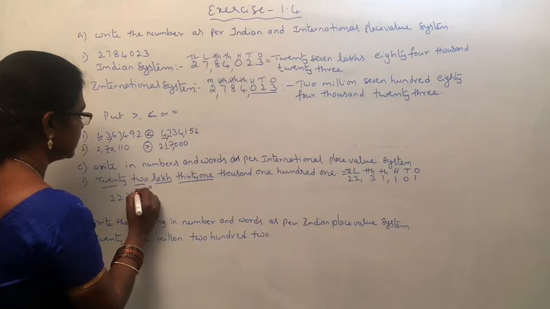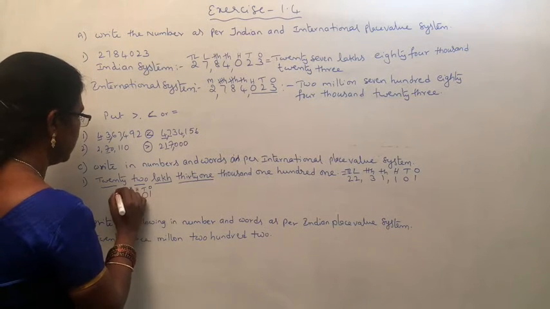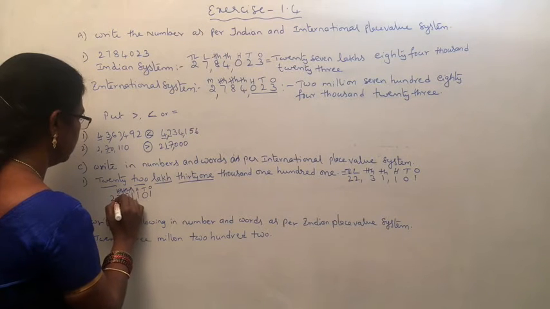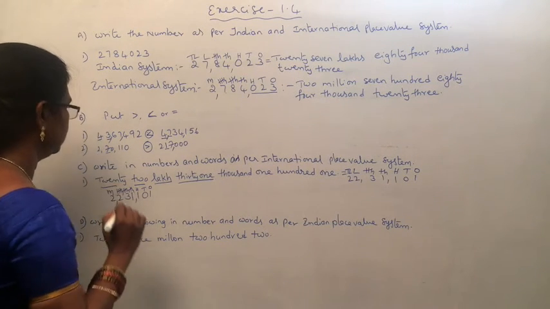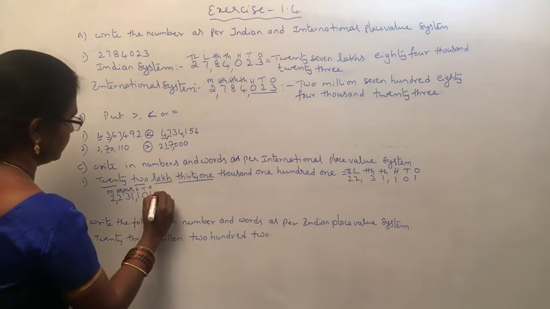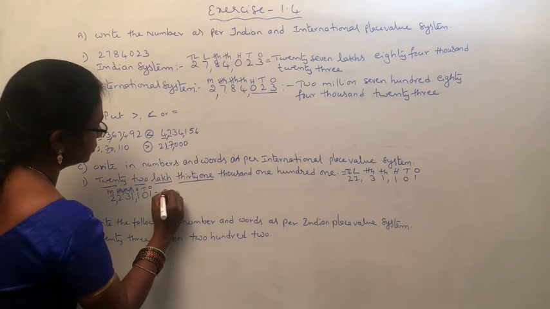Now international system. What are the place values in international system? Ones, tens, hundreds, thousand, 10,000, 100,000, million. Now how to write? 2 million.